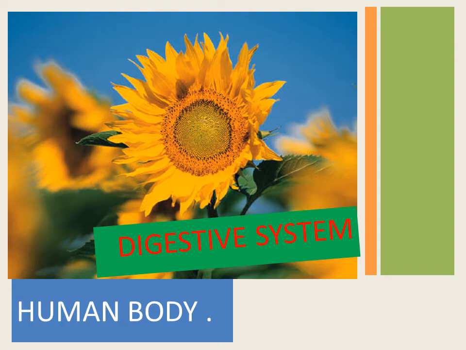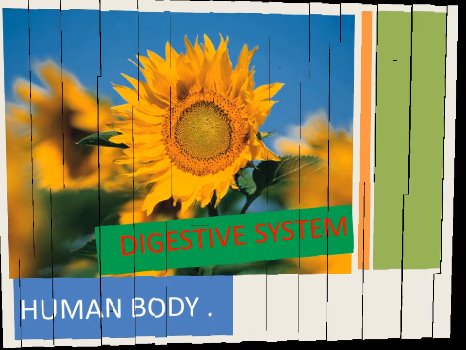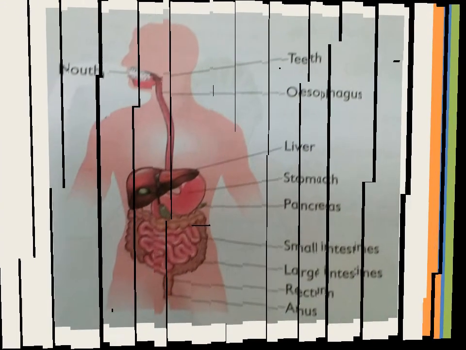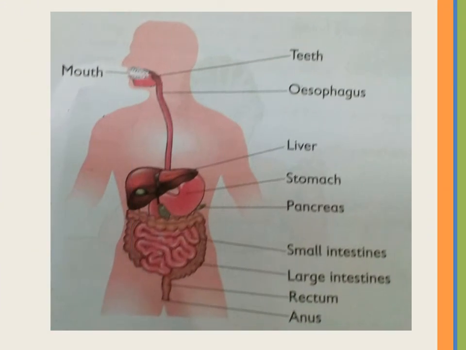Pupils, if you look, it has the following parts. We have the mouth, teeth, tongue, esophagus, liver, stomach, pancreas, small intestine, large intestine, rectum, and anus.